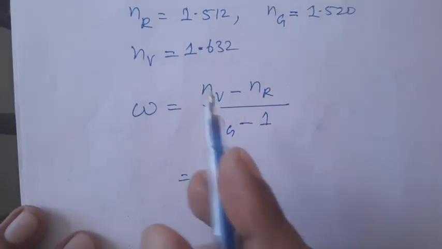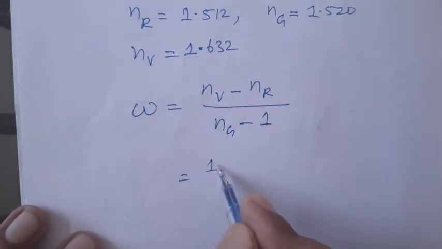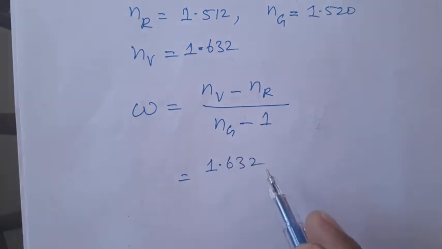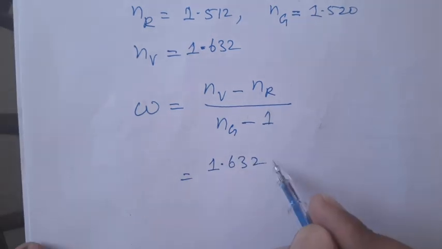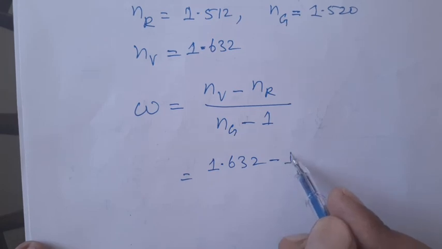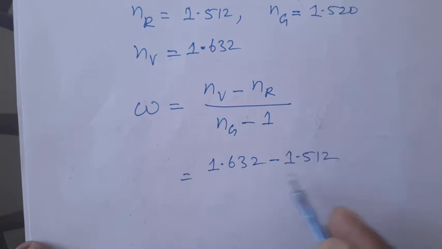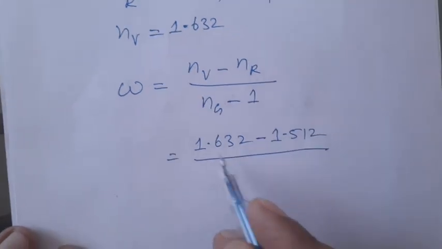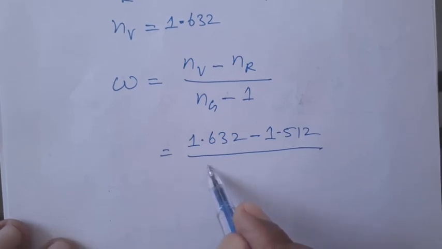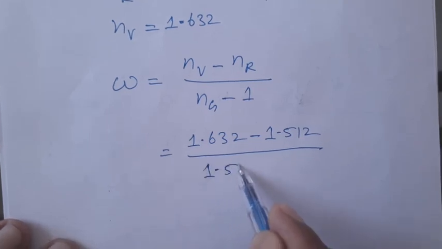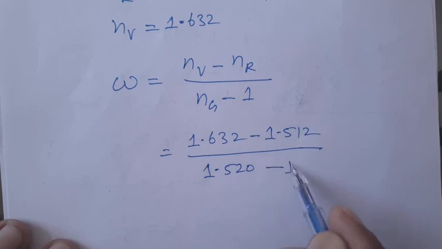What is NV? 1.632. What is the refractive index of red? 1.512, divided by what is n of green? 1.520 minus 1.